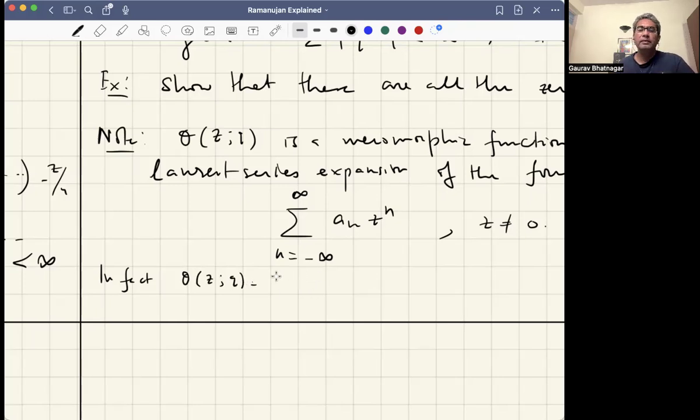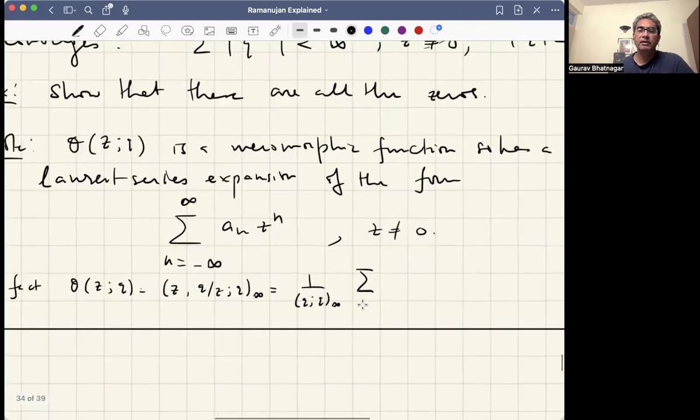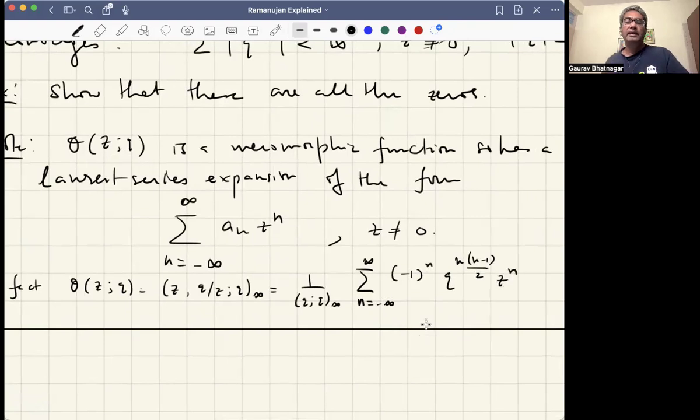So theta of zq, which is (q over z;q) infinity, the Laurent series expansion is given by this identity: the sum of minus 1 raised to n, q raised to n(n minus 1) over 2, z raised to n.